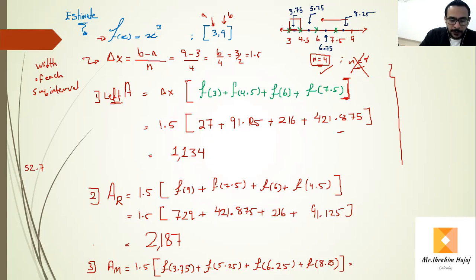And f of 5.25 is 144.7. Then f of 6.75 is 307.5.